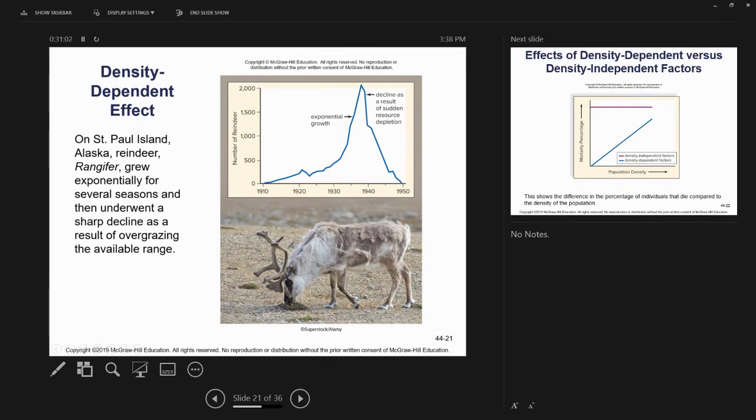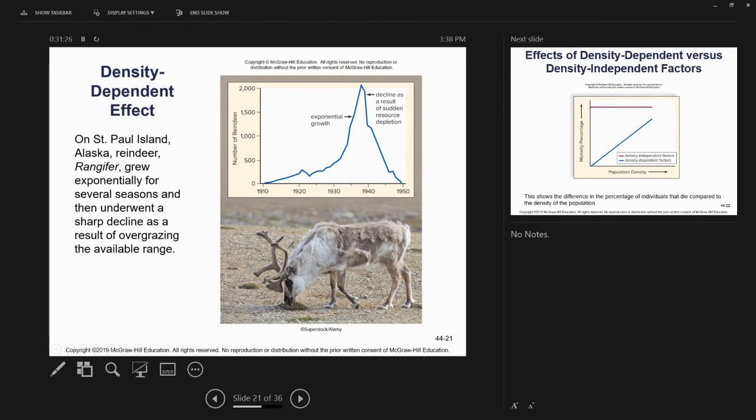So here's an example. This is St. Paul Island in Alaska, and this is a reindeer. The reindeer population went through this J curve here, where we're going through exponential growth, everything's good, there are few predators because we've hunted all the apex predators out.